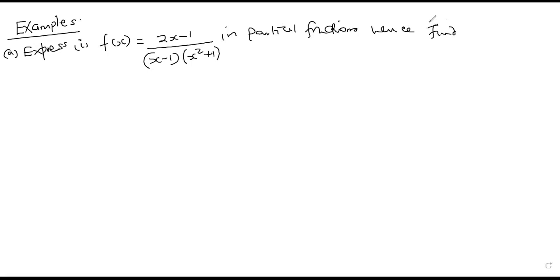Hence find the integral of 2x minus 1 over x minus 1 times x squared plus 1 dx.